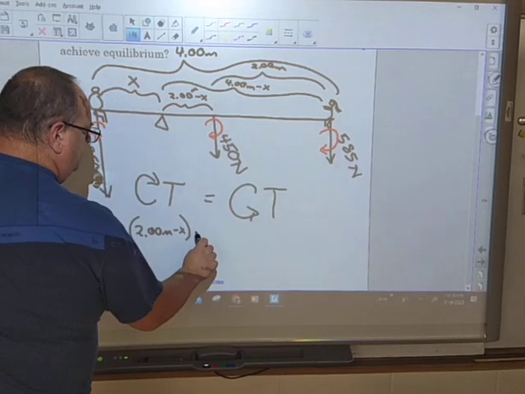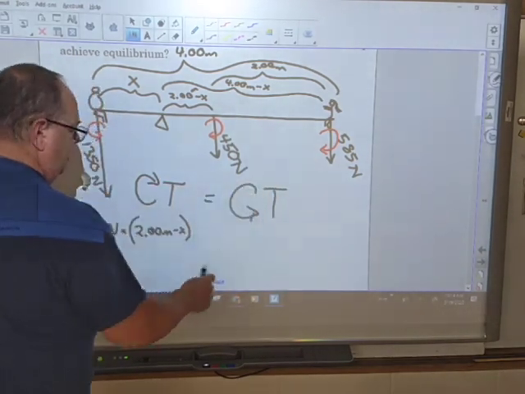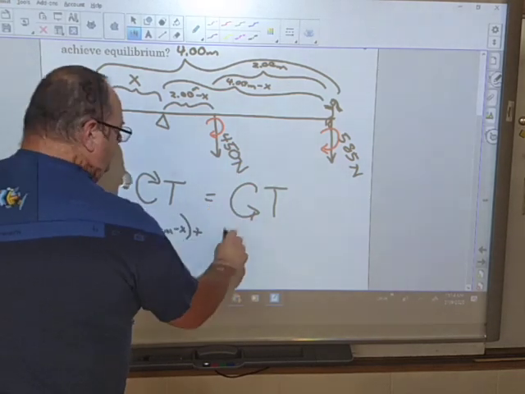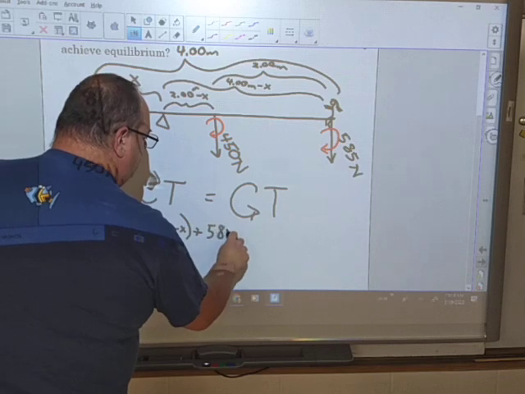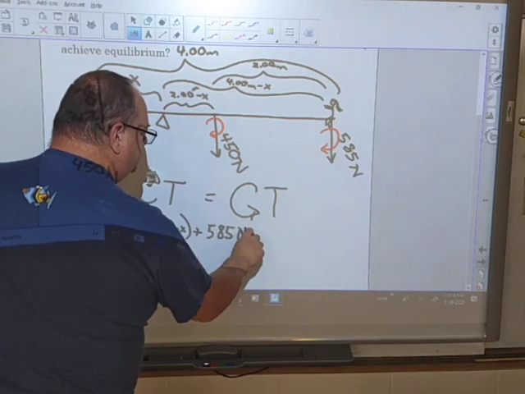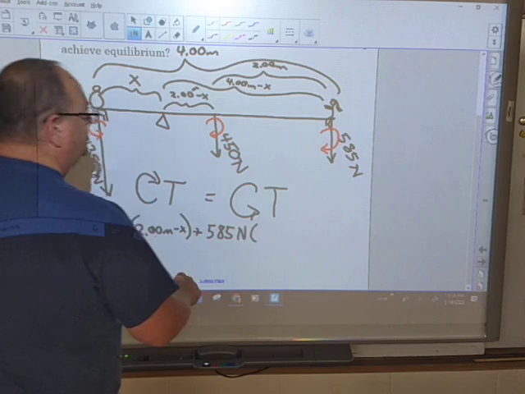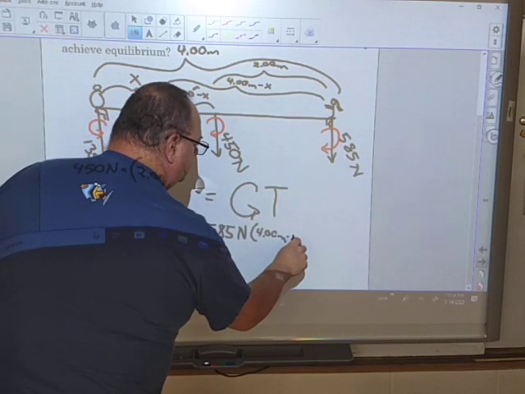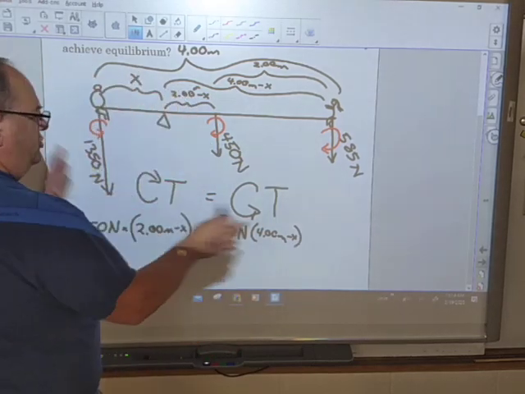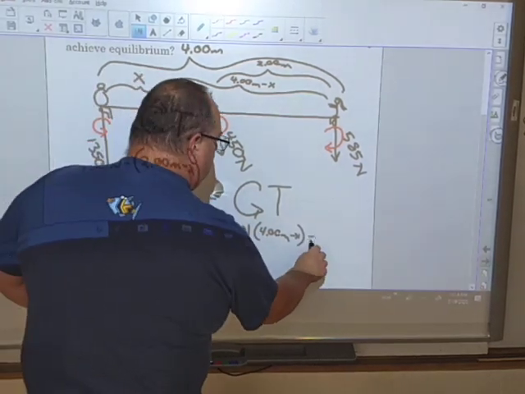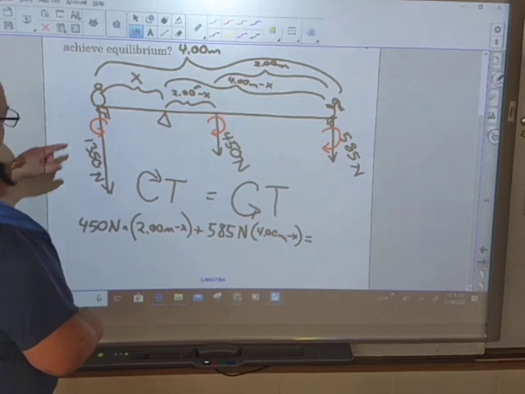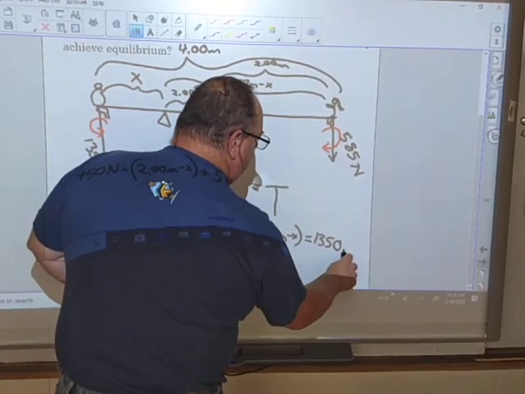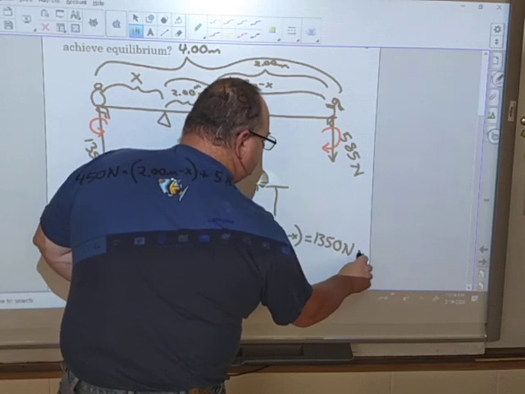And I've got another clockwise torque, so I'm going to add that to 585 newtons times 4 meters minus x. Okay, those are all my clockwise torques. Now I've got to equal my counterclockwise torques, which is going to be 1,350 newtons times x.